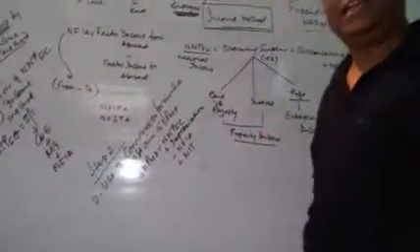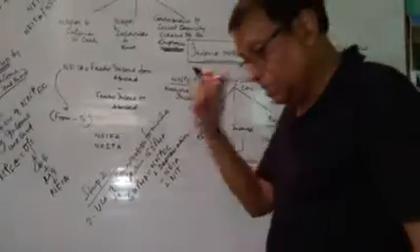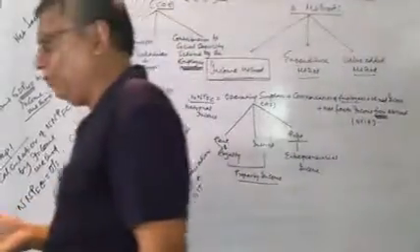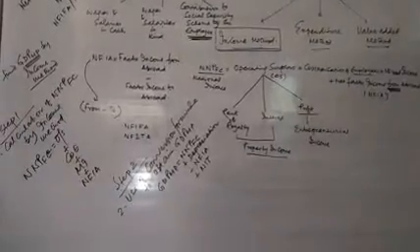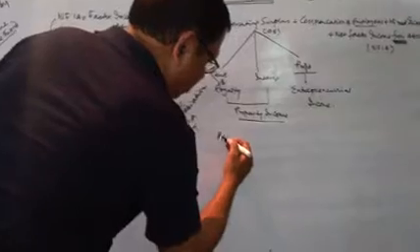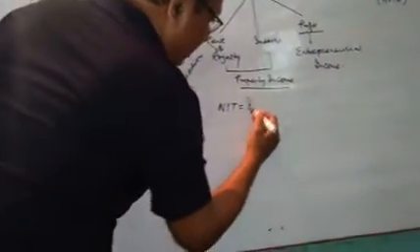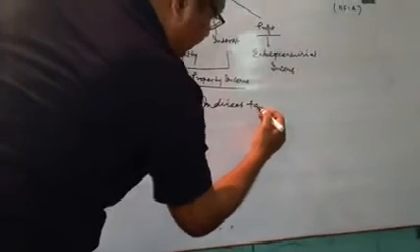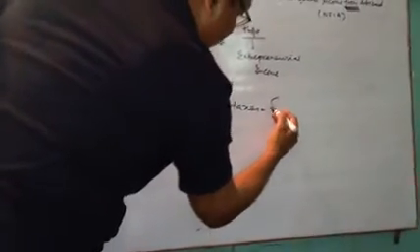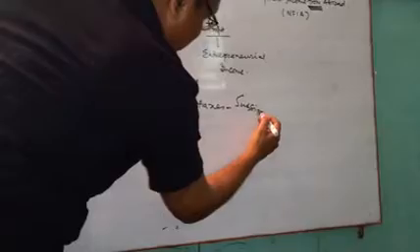Now this NIT, in the question, you may not get the NIT figure directly. If it is not given, you have to calculate. NIT is equal to indirect taxes minus subsidies.